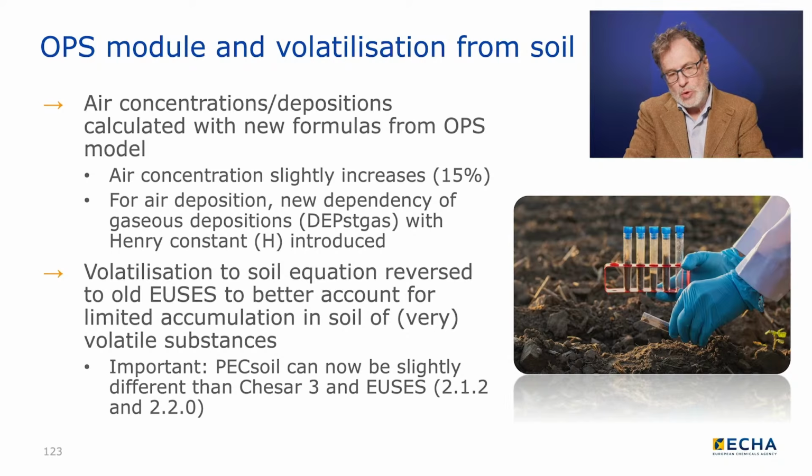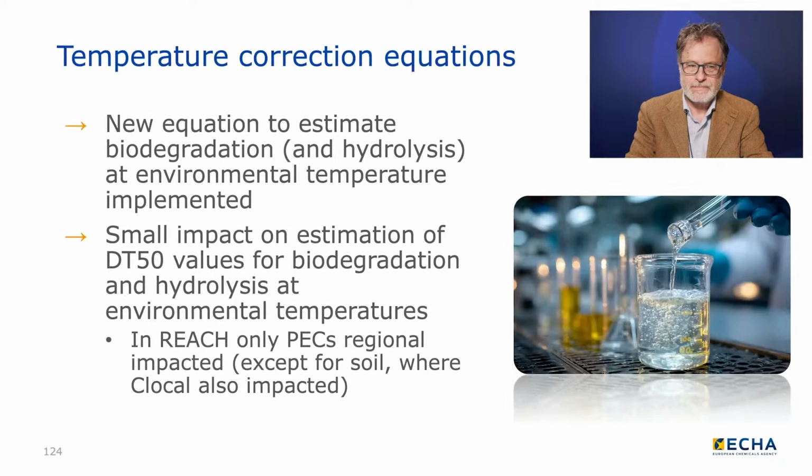It is important to note that as a consequence, the PEC soil can now be slightly different than in Chesar 3 and uses 212 and 220 due to that. Finally, a new equation to estimate biodegradation and hydrolysis at environmental temperature has been implemented.